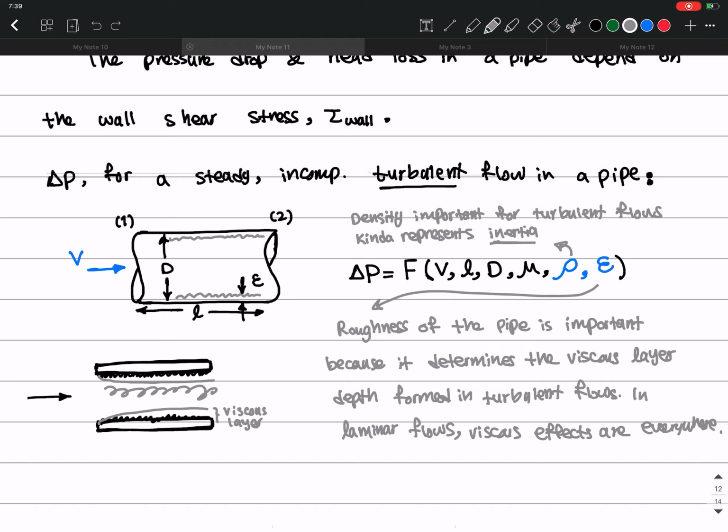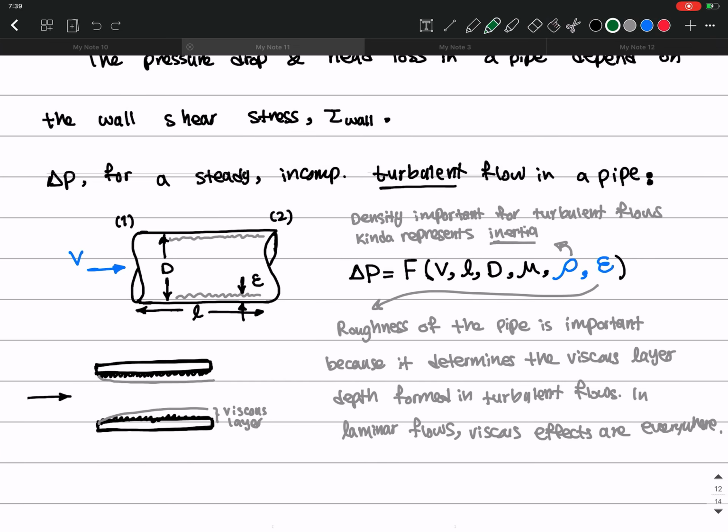So this roughness is very important for the depth of this viscous layer. And the reason we did not use this in the laminar flow was because the velocity in a laminar flow is too low.